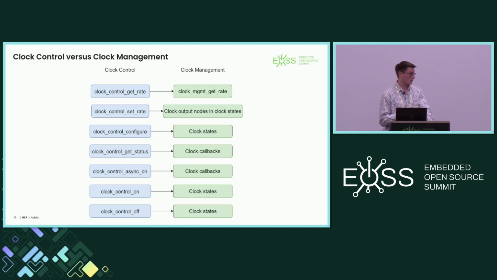If you're looking to see when a clock turned on, then you can wait for a callback to say its rate has gone from 0 to not 0. The clock is now on. Clock control on and off both, I think, can be dealt with via these clock states. This idea of a gate is described as a clock node with a 1 or a 0 to say this is going to be on or this is going to be off in this configuration.